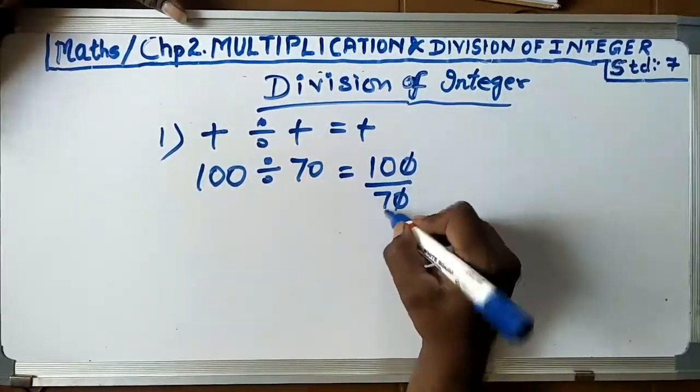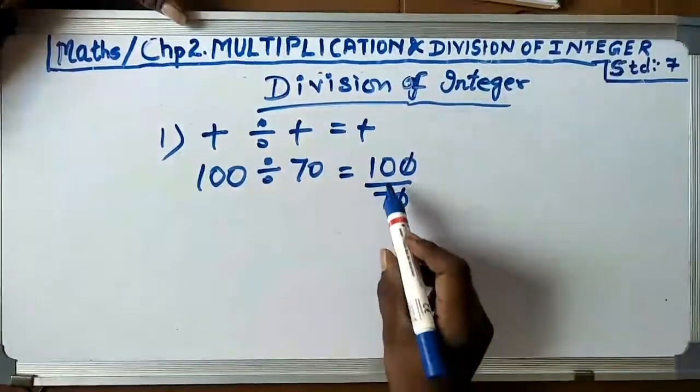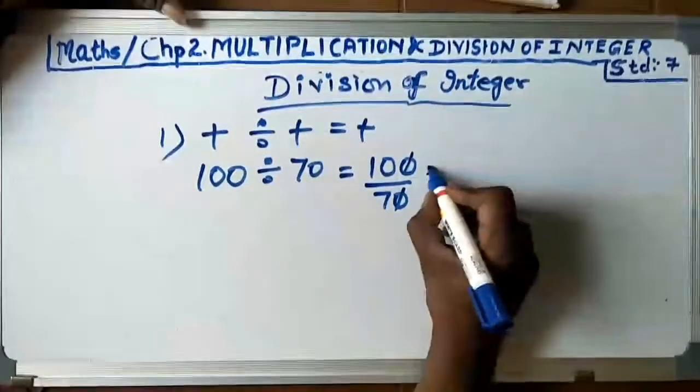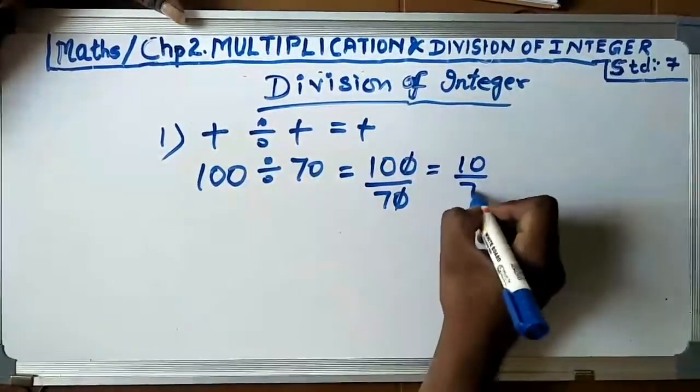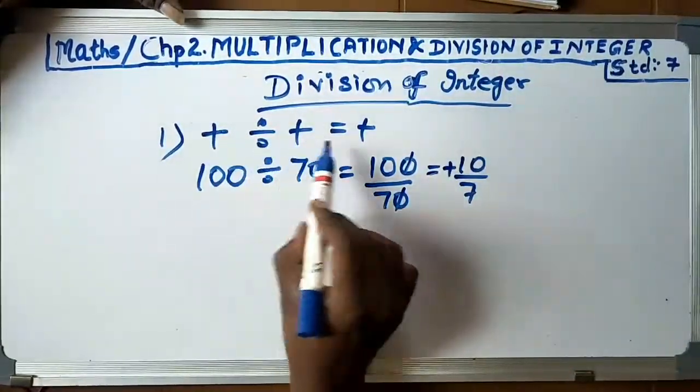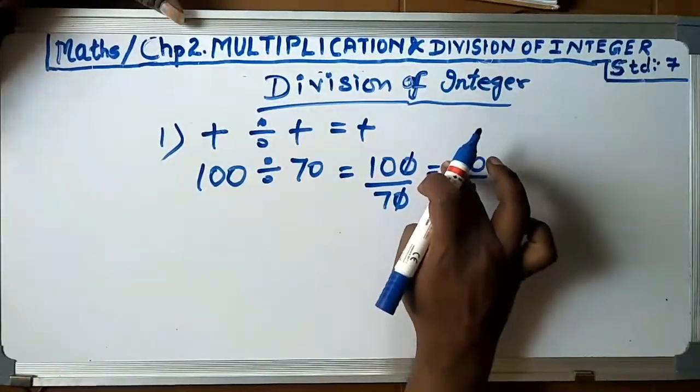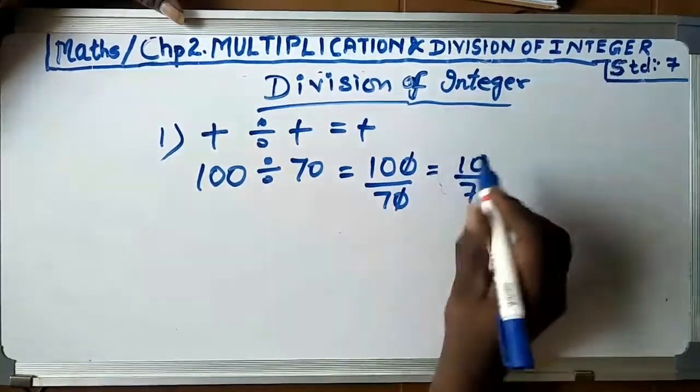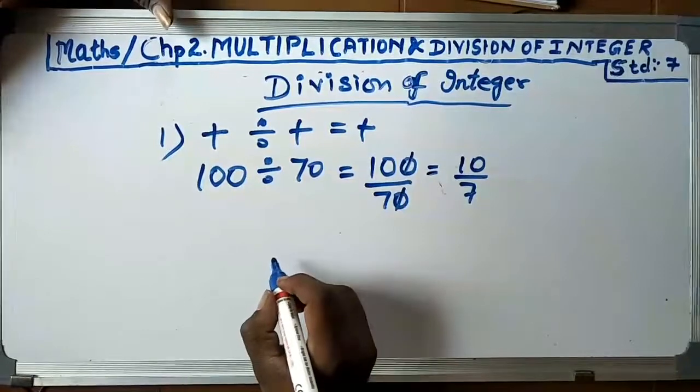The remaining is 10 and 7. 10 and 7 don't go in any table. So the answer is 10 upon 7. But the answer is plus 10 upon 7, because plus divided by plus is plus. So here, as I said, no need of writing the plus sign. It is 10 upon 7.